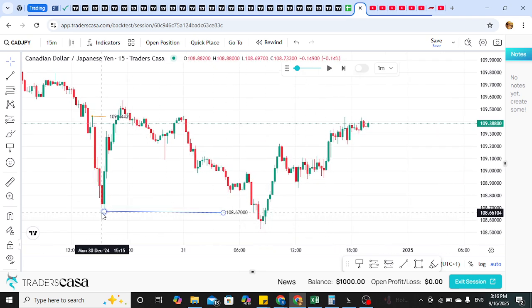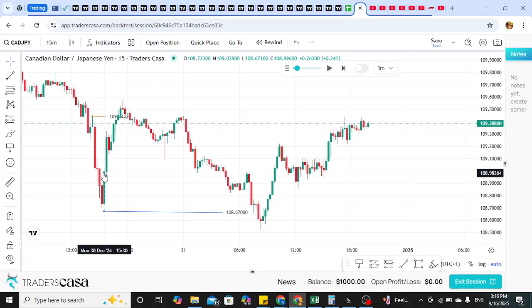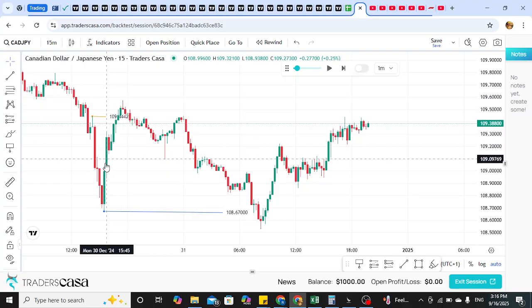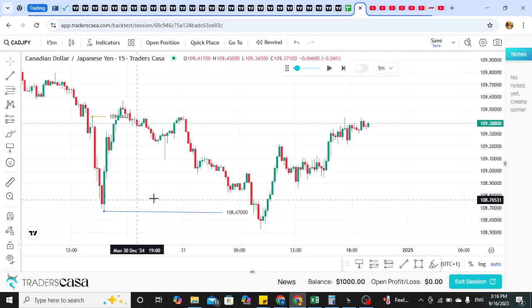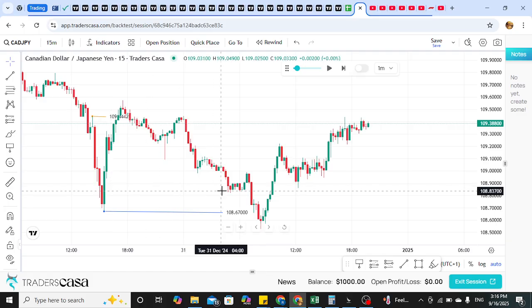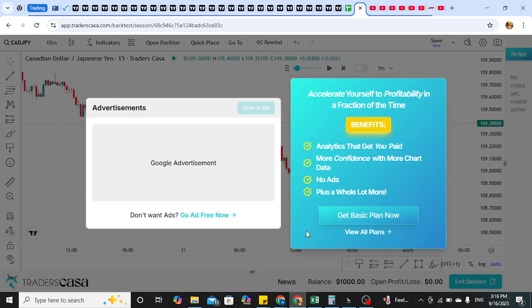And the distance between this and that, because this is a break of structure, we take the highest point of that range, from the previous low to the current low, the one that was hit, and we take it as the high of the next range.